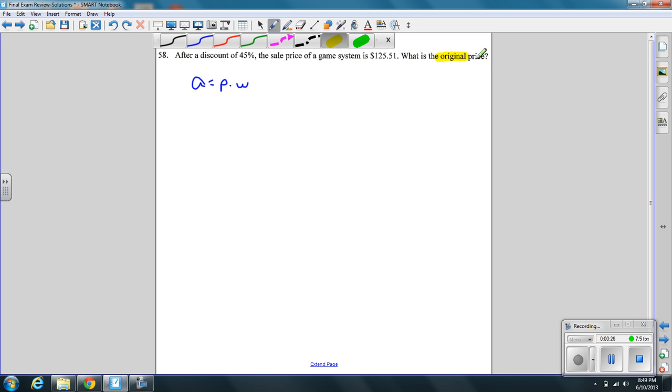Remember, just like the last question, the $125.51 is the part. You didn't pay the entire original amount. So 125.51 equals, well, if you saved 45% from 100%, what percentage did you pay?